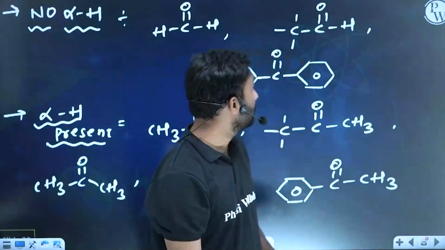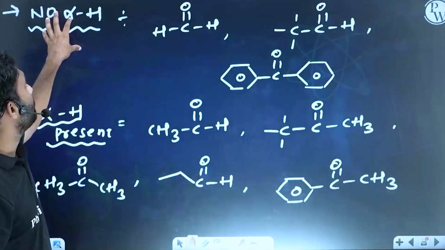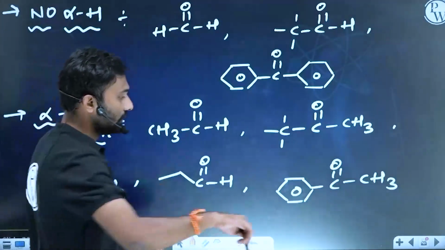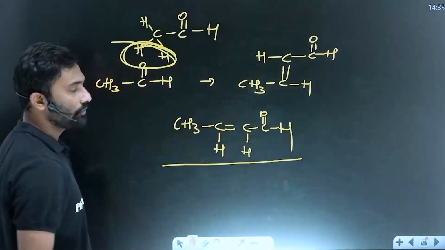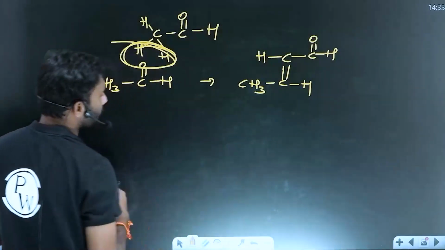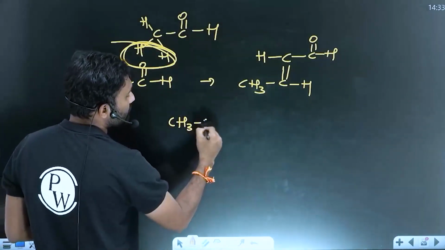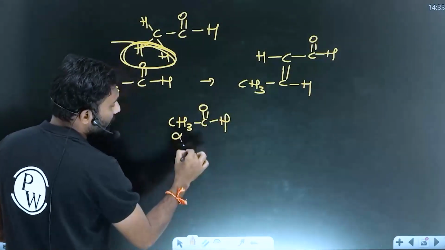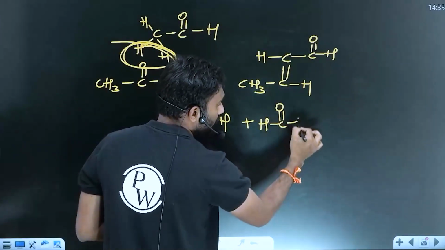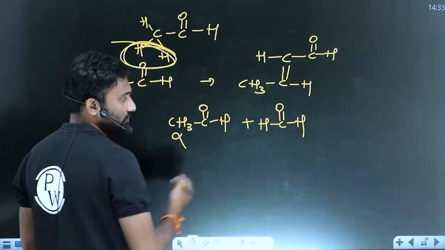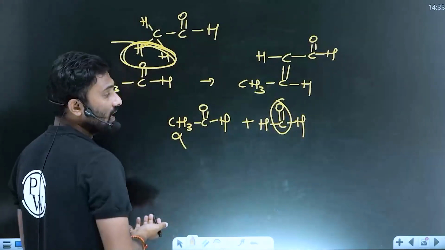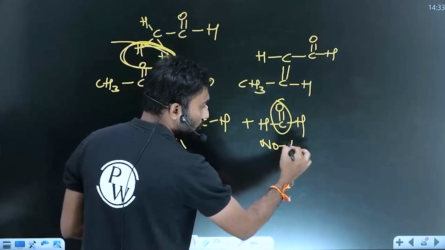Okay, next. Now here these have no alpha hydrogens. In that compound, if they have given CH3 C double bond OH, it has alpha hydrogens. Next, if they have given formaldehyde, there are no alpha hydrogens, because there is no carbon adjacent to the functional group, so it has no alpha hydrogens.